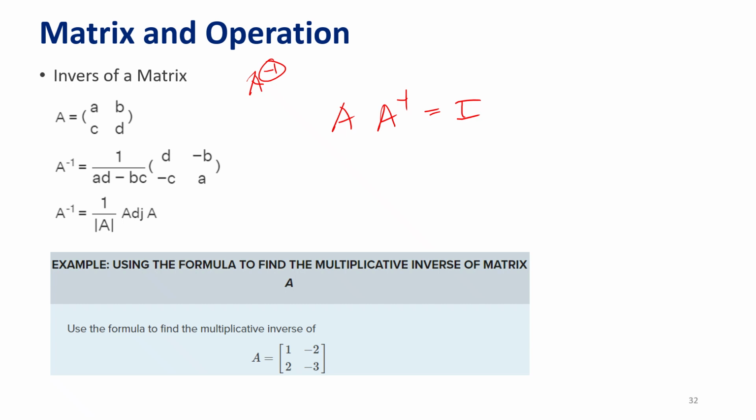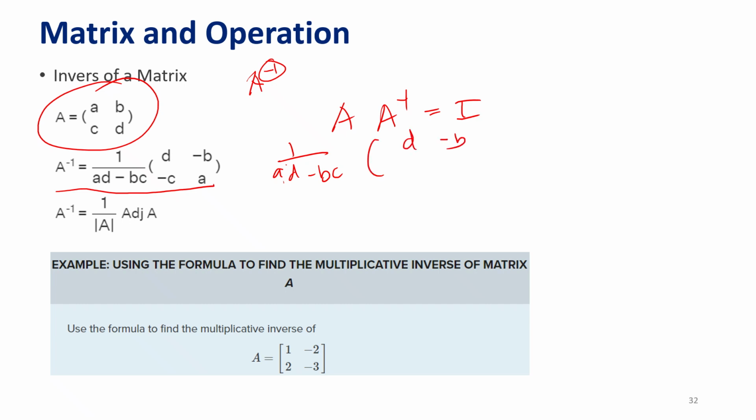For example, here we have a 2 by 2 matrix A. In order to find the A inverse, you can use this formula: 1 divided by A multiplied by D minus B multiplied by C. D and A swap places, and then for this one, change the sign for this entry.